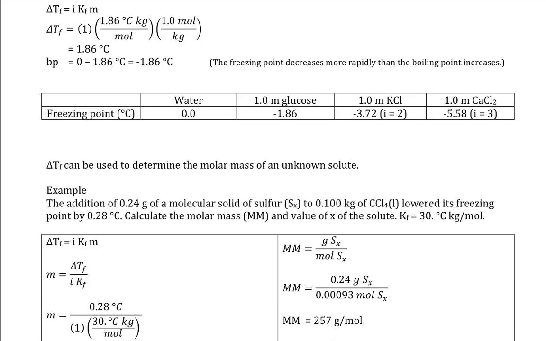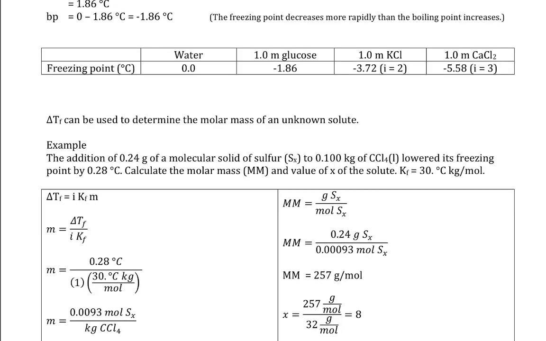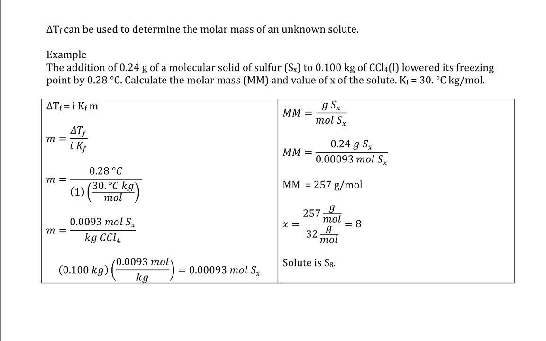Delta T sub F can be used to determine the molar mass of an unknown solute. Example, the addition of 0.24 grams of a molecular solid of sulfur, so it's Sx, to 0.100 kilograms of CCl4 liquid.